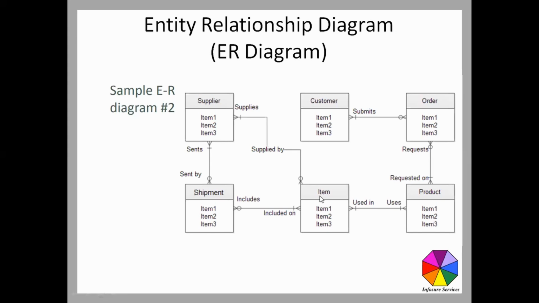One item is supplied by many suppliers, right? So one supplier can supply many items. So this is also both ways. This diagram is normally called an ER diagram, and when it is done at the end of the design, each of these forms a table, and you have one table which will have a primary key.